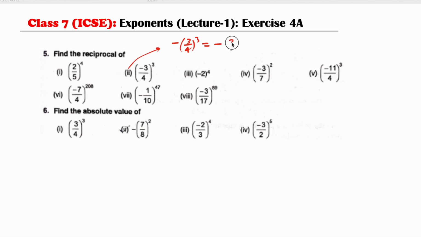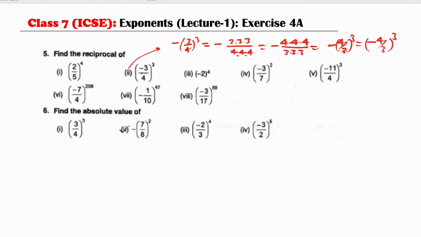So we write 3 into 3 into 3, 4 into 4 into 4. Reciprocal means reverse numerator with denominator and denominator with numerator. So this is 4 into 4 into 4, divided by 3 into 3 into 3. So this becomes minus 4 upon 3 to the power 3. So this is minus 4 by 3 to the power 3.